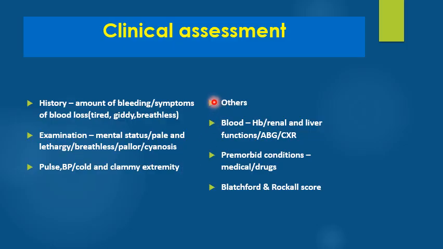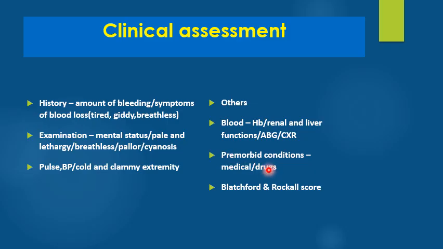And then other things that you can use will be hemoglobin level, renal and liver function tests, arterial blood gases, and chest X-ray. Very important to also go into the pre-morbid conditions the patient may be having, especially elderly patients on various types of medicine, such as medications that can cause bleeding problems, such as antiplatelets.